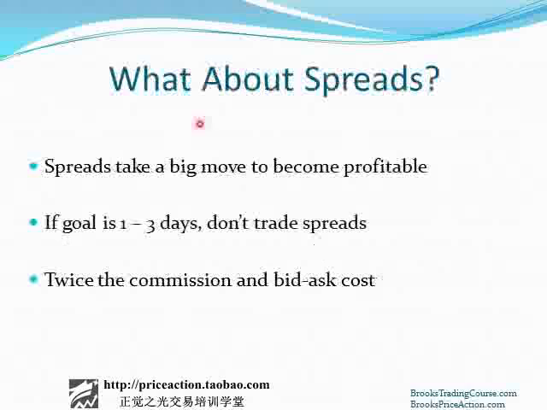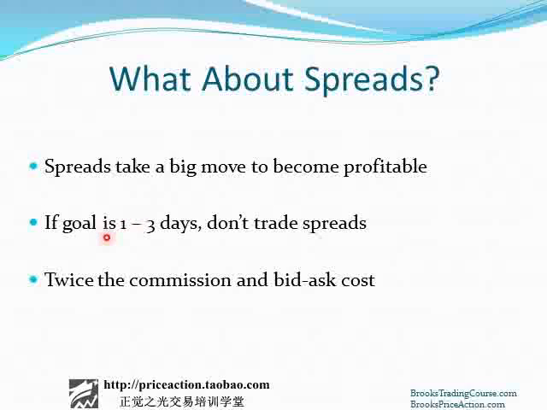And what about the spreads? Spreads take a big move to become profitable. For example, let's say the stock is at 100 and you buy a 100, 105 spread, right? For you to make a profit on that spread, you need the market to move up close to 105. And if it does not get close to 105, you're not going to make much profit.